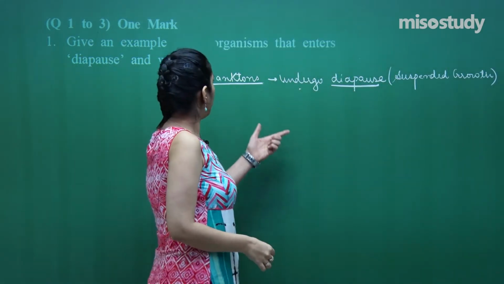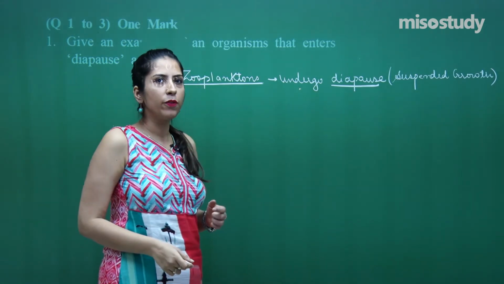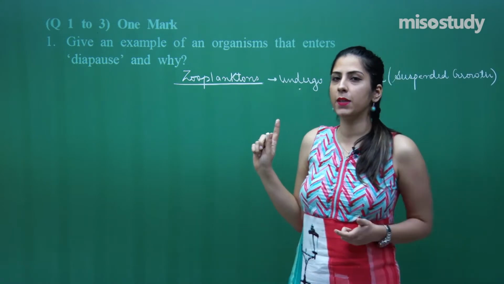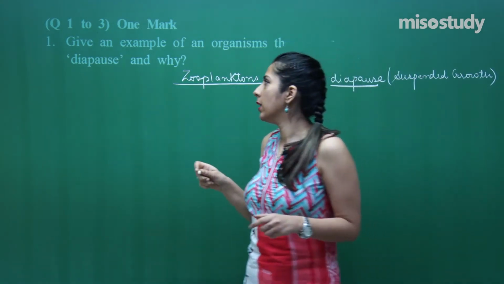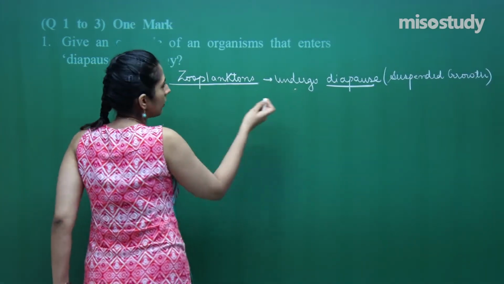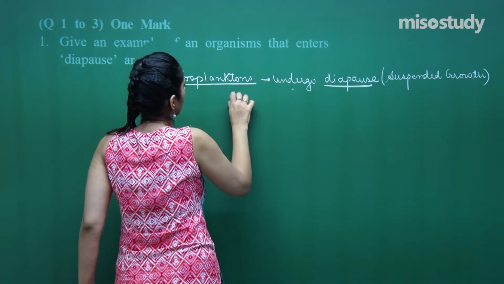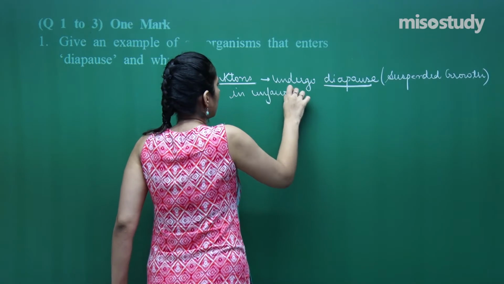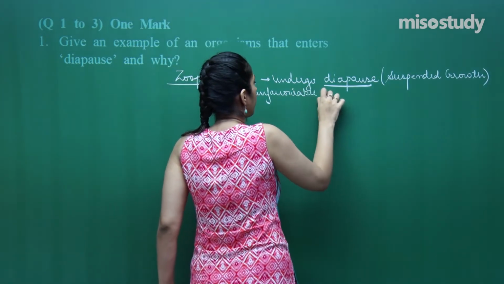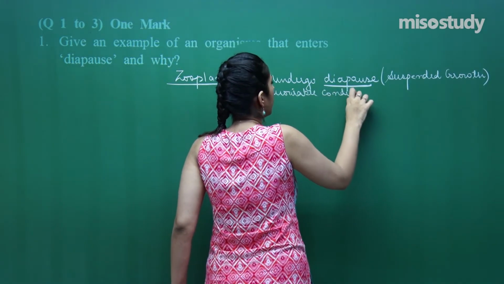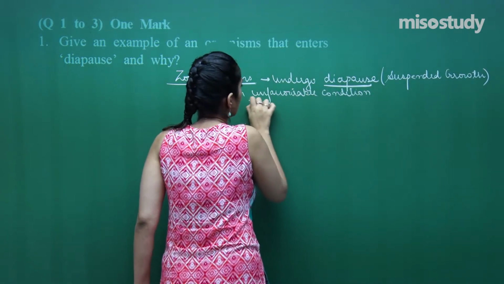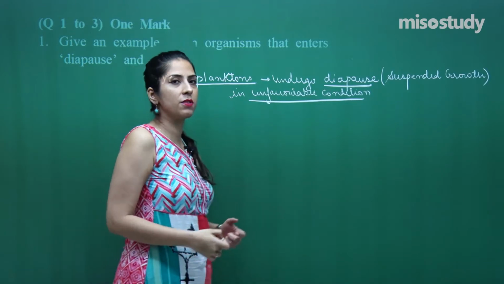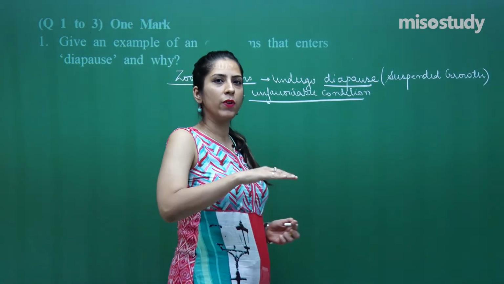Right. Now, this is a zooplankton. In which condition? Here in the question it is written why, so you have to explain that as well. They undergo diapause in unfavorable condition. Now, what is unfavorable condition? Sometimes the water temperature is not favorable, sometimes very high, sometimes very low.